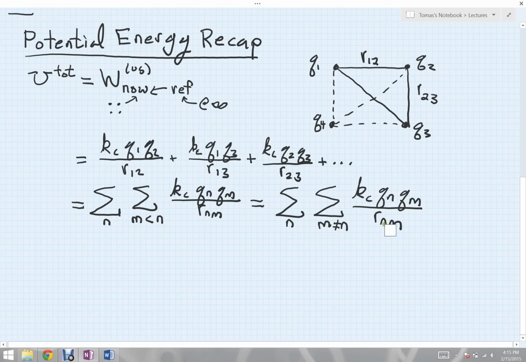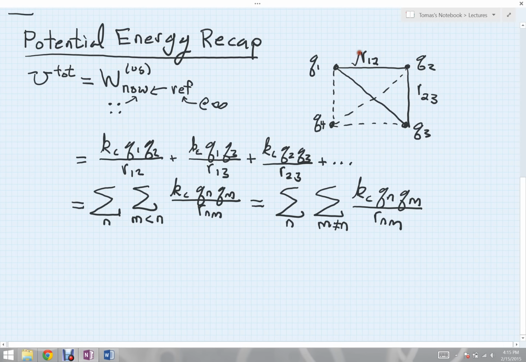If you see what's going on here, I can put little arrows on my diagrams to keep track of things. So when n, for instance, is 1, I would have a sum over all m not equal to 1. So when n equals 1, I get the terms that have number 1 interacting with 2, number 1 interacting with 3, and number 1 interacting with 4. I'll put little checks.